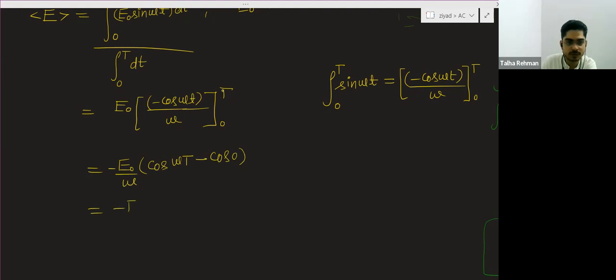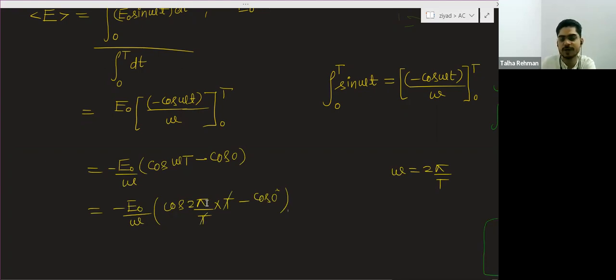So this is minus E naught by omega times cos of omega T minus cos 0. Omega is given by 2 pi by T, and here is T, so this T and T will cancel out, and this will become cos 2 pi.